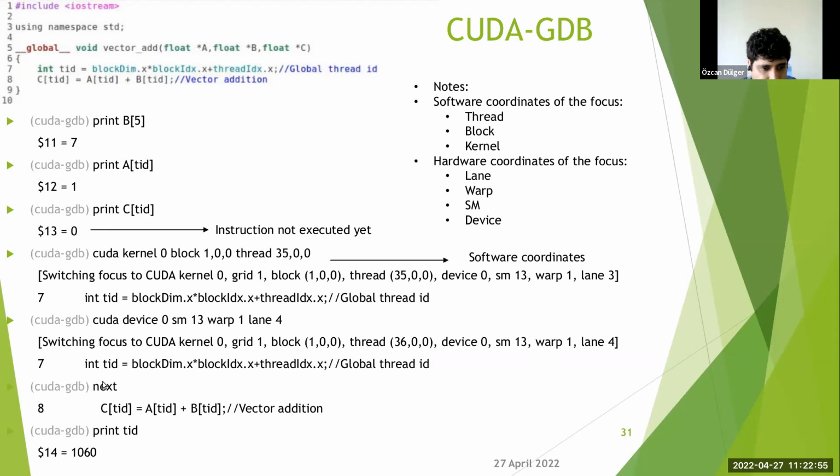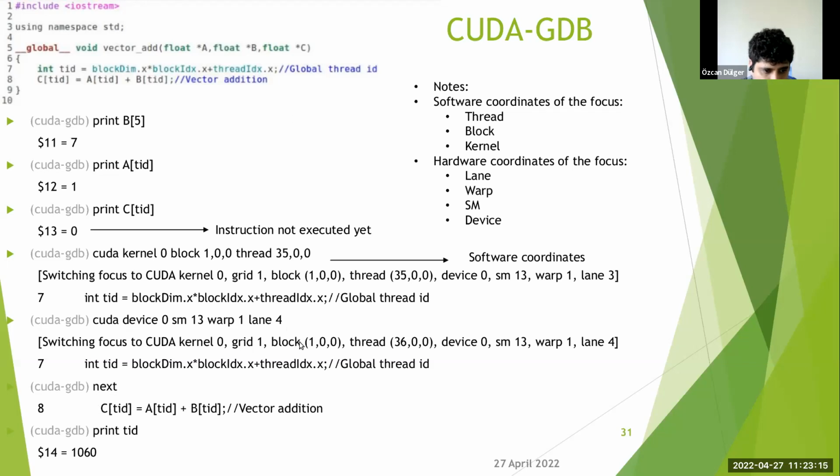And when we enter the next command here, line 7 is executed and the debugger jumps to line 8. When we print the global thread ID, we get 1060 because here we are in the second block.